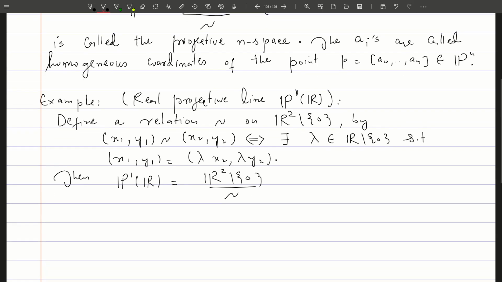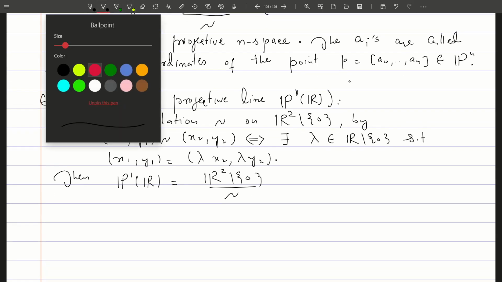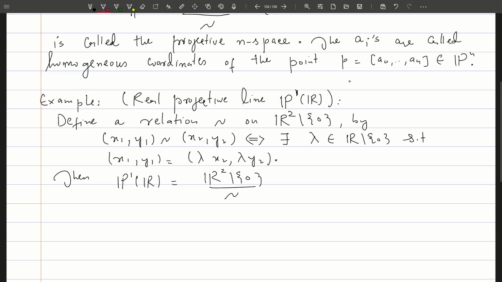If we look at this R^2, and at this line, suppose this is the point (1, 1), then this point over here will be, suppose, (2, 2), because these two points differ by a scalar multiple.